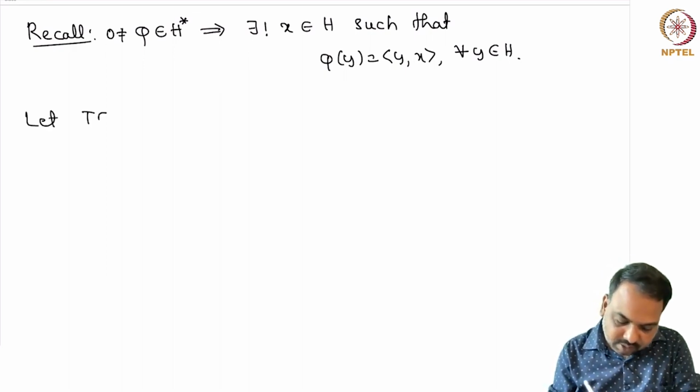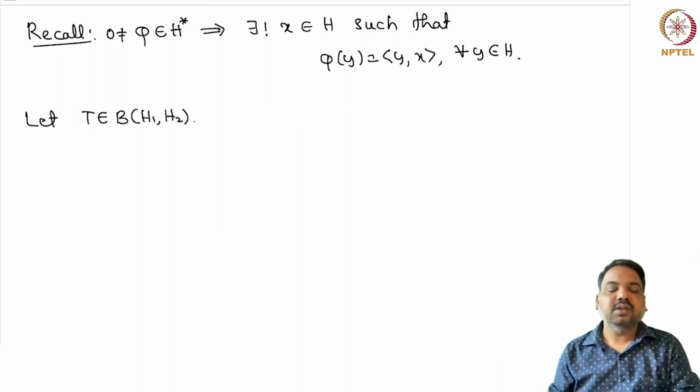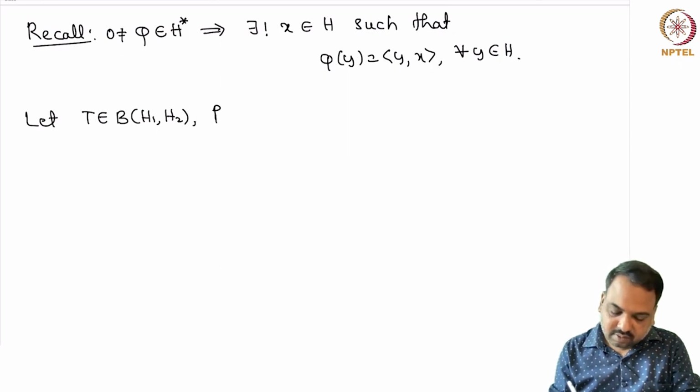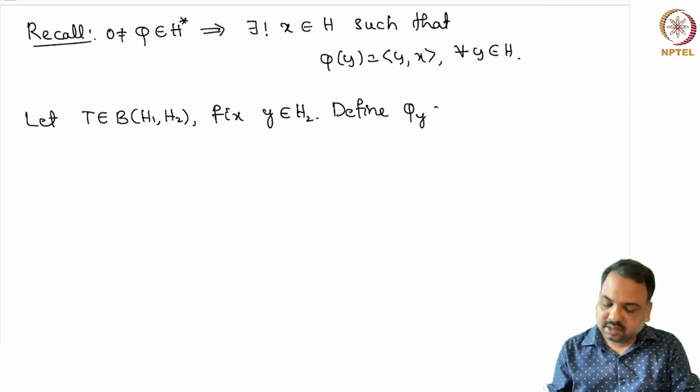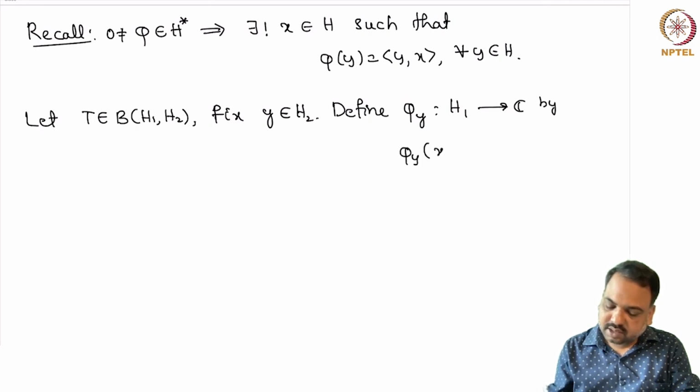Let us start with a bounded operator T defined between two different Hilbert spaces H1 and H2 and fix one vector y in H2. Now define a functional depending on y from H1 into C by phi y at x is nothing but the inner product of Tx with y, for every x in H1.